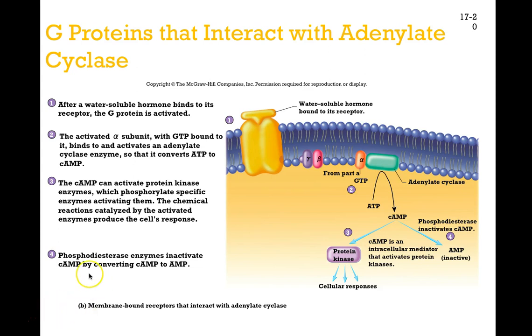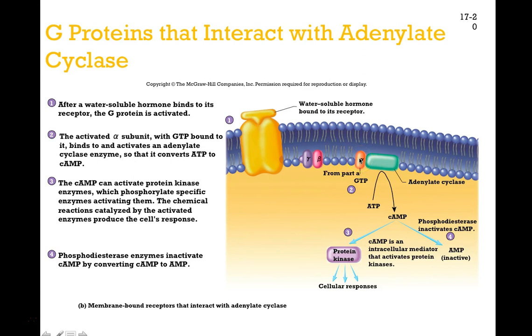Okay, so in this diagram, we can see a water-soluble hormone has bound to the membrane receptor. And as it does this, it activates the G protein. So we said this was made up of 3 subunits. We have the gamma, beta, and alpha.